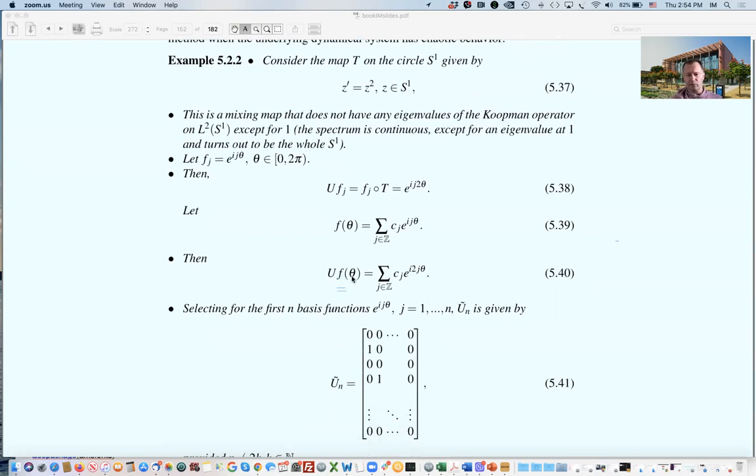And then we write that U f of theta is obtained as a sum over Z, but the coefficients c_j are the same here, while each e to the ij theta goes to e to the i 2j theta, right? As we just showed. And so if you think about the matrix representation of this, let's just write the c_j.